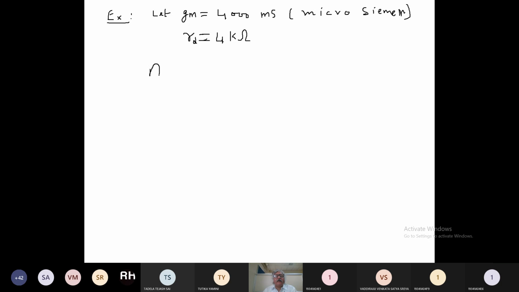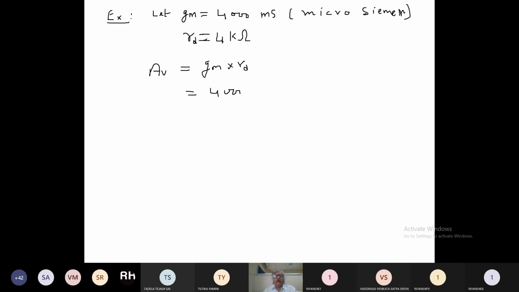So with this, if you find the voltage gain, this will be gm multiplied by RD. So gm you write in Siemens.